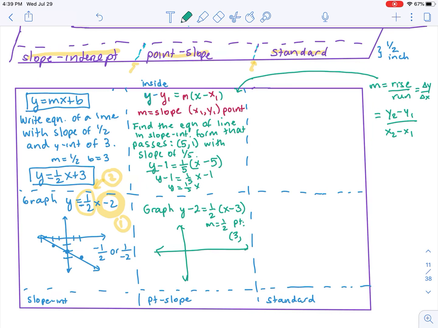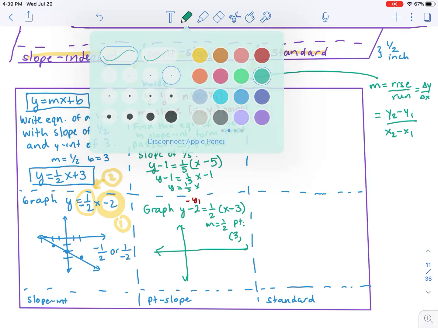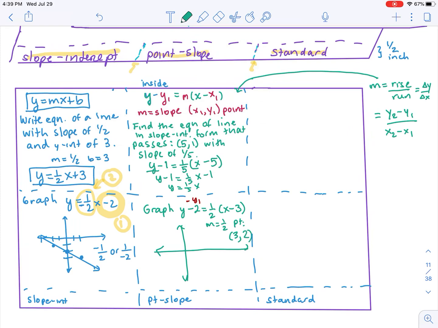So x1 is +3. If we apply the same logic to y minus y1, where this part right here is minus y1, then I know that y1 is just +2, the opposite in sign. So that means that this line must pass through 3, 2. So let's plot 3, 2: 1, 2, 3, up 2.